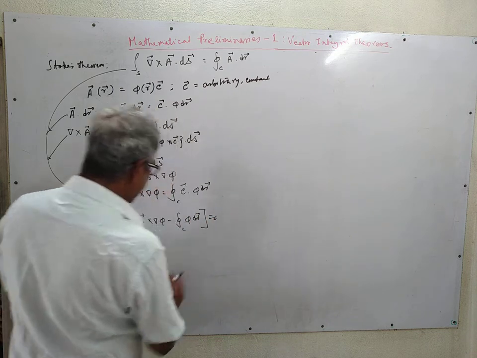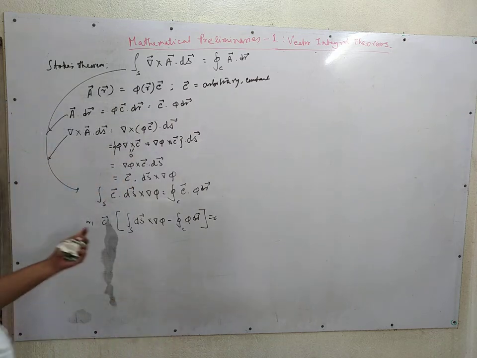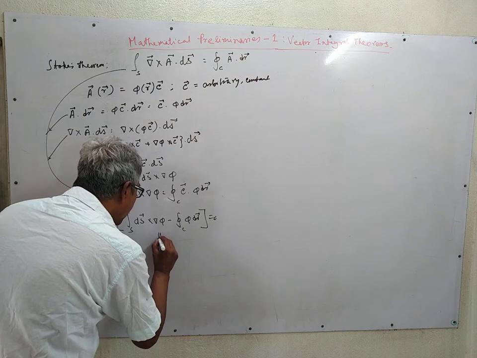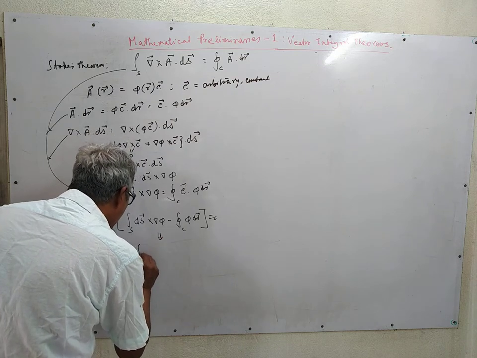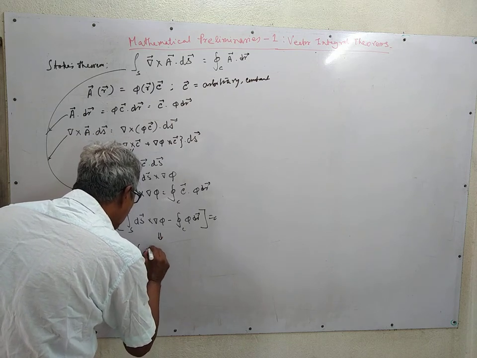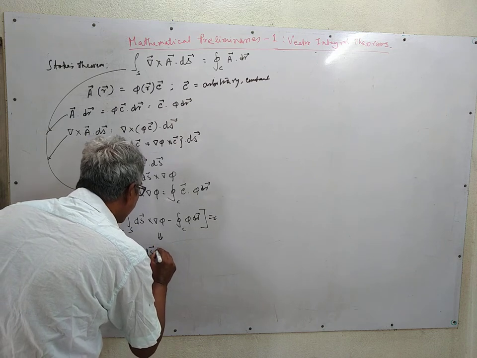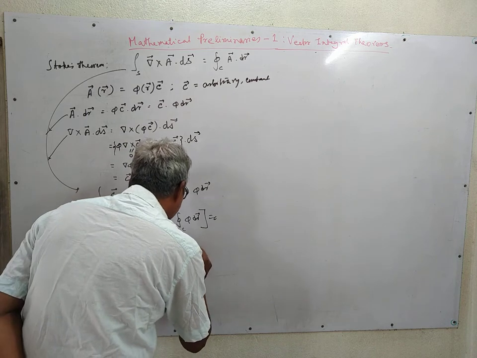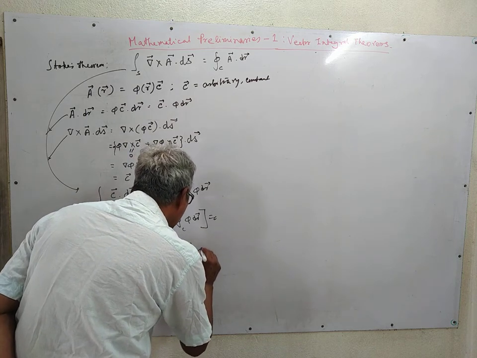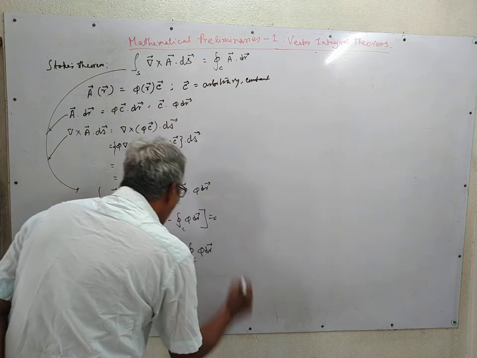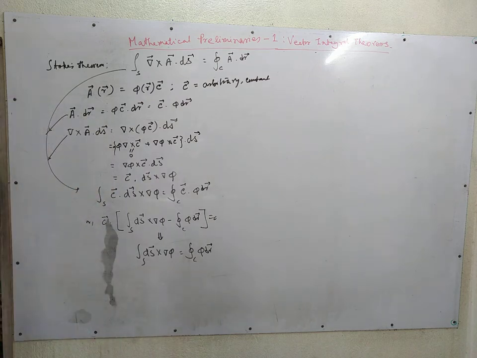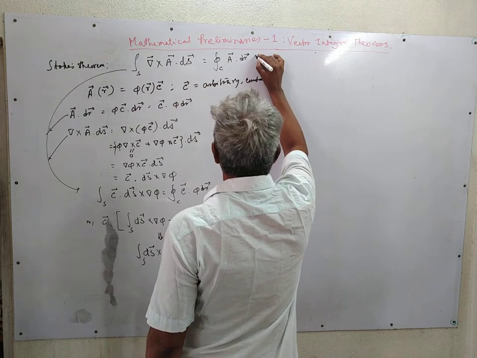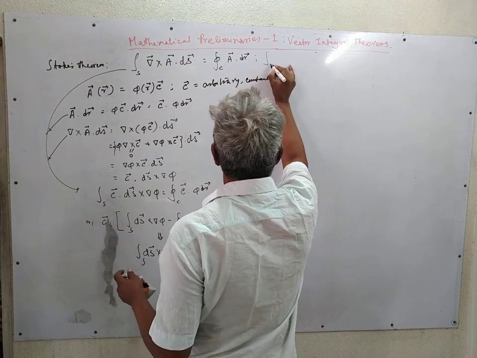This relation is valid for every C, because C is arbitrary. As C is arbitrary, the quantity within the square bracket must be 0. If we transfer the side, we get the alternative form of Stokes theorem, where we have applied the Stokes theorem on a scalar point function.